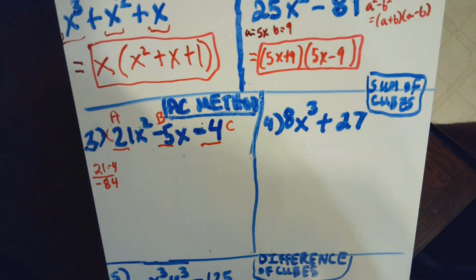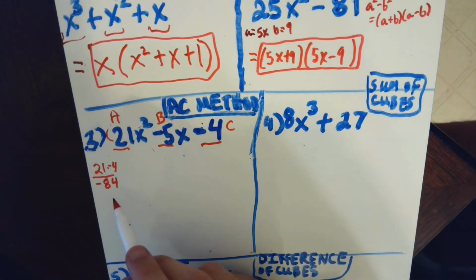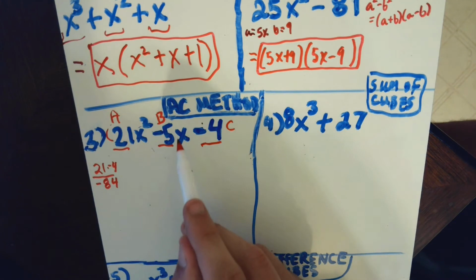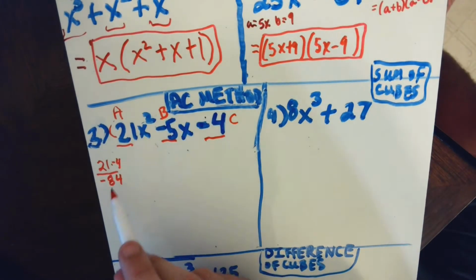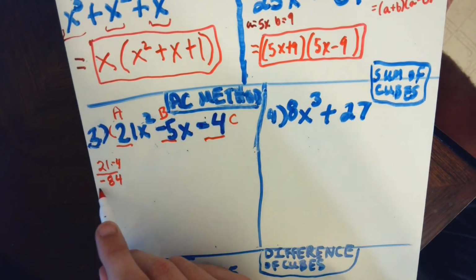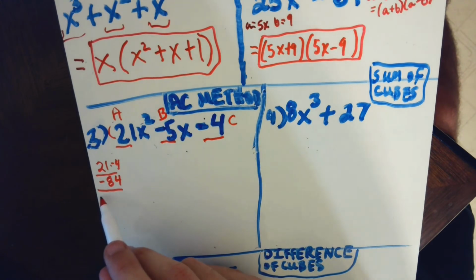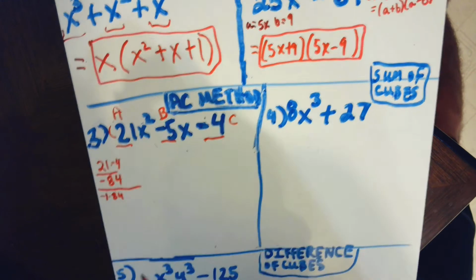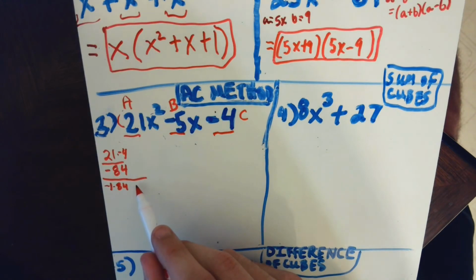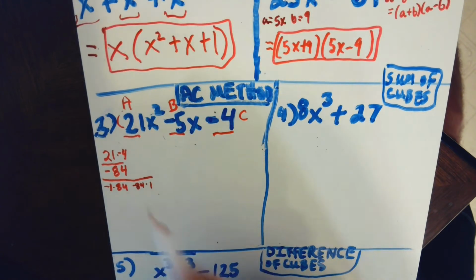And now what we want to do is consider what are the factors of 84 that would give us a sum of negative 5. So I'm going to essentially determine all of the factors of negative 84. So first we could have negative 1 times 84, or negative 84 times 1, but we can see neither of those would sum to negative 5, so we just keep on going.